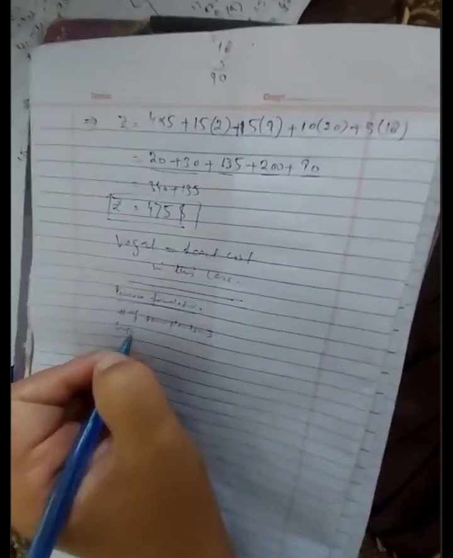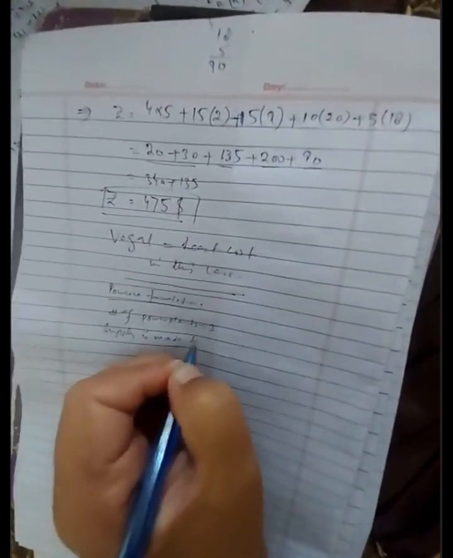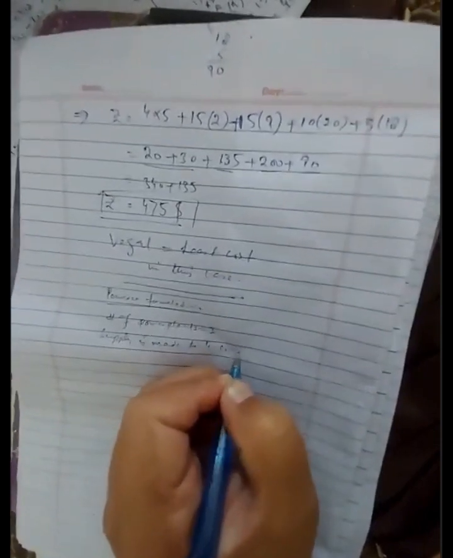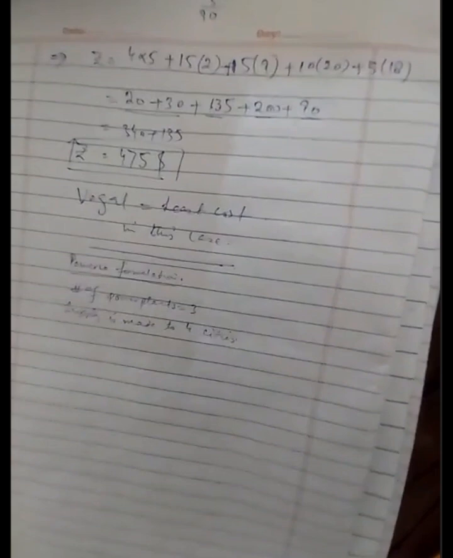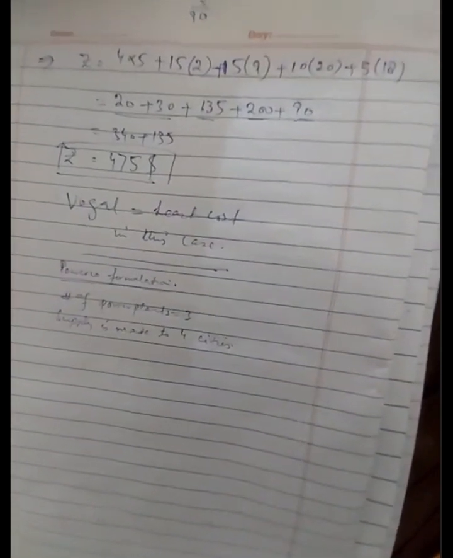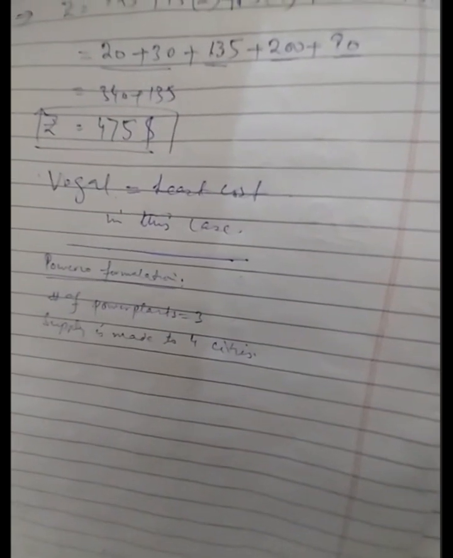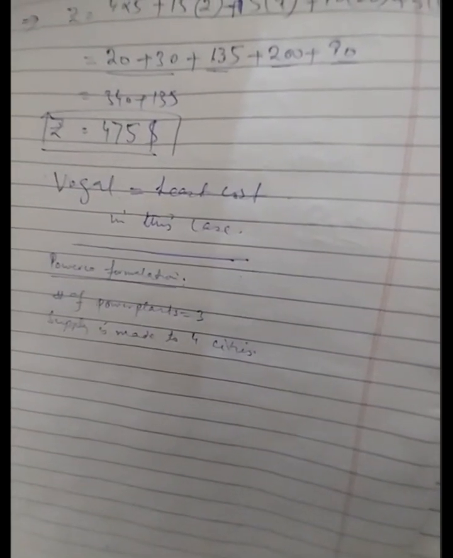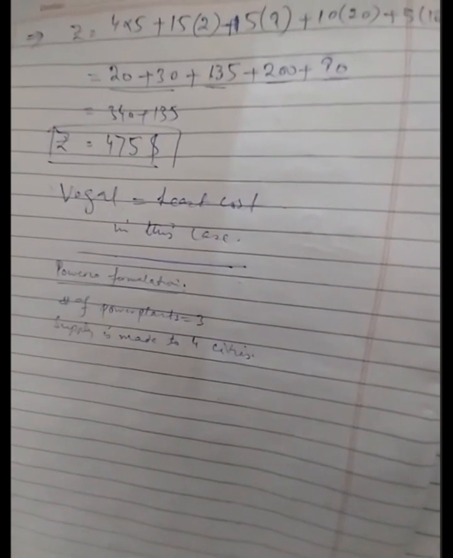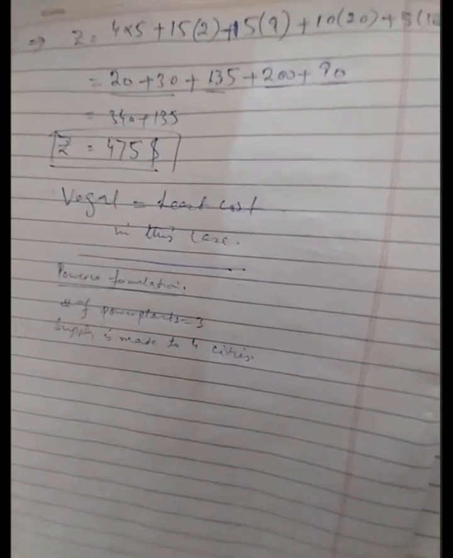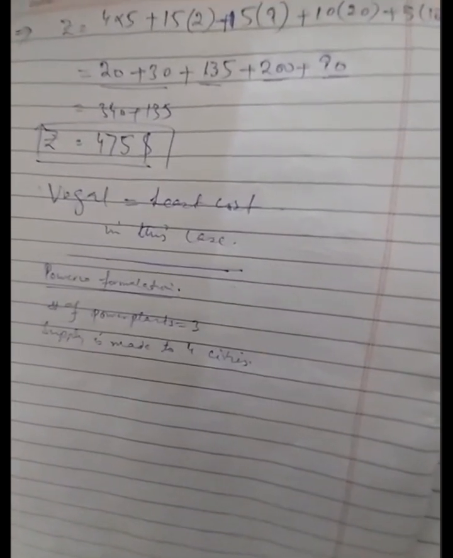Just for your understanding, when we say that we have 3 power plants and 4 cities, it means that it will make a 3 into 4 matrix. So the number of decision variables will be 12.